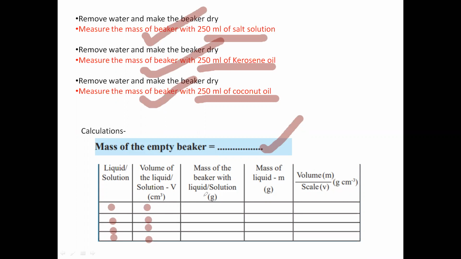So the mass of the beaker with liquid is the one that you have to measure. You have measured this one, right? So then you can find the mass of the liquid only. This is the mass of the liquid plus beaker. When you subtract the mass of the empty beaker from this value, you get the mass of the liquid for each.